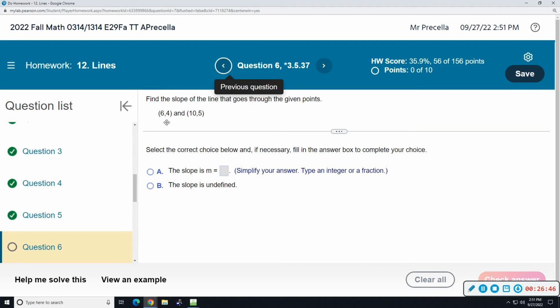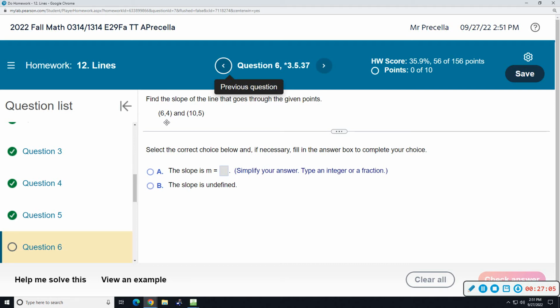I like to go ahead and label them: first x, first y, second x, second y. I did that with the distance and midpoint. Okay, I'm going to go ahead and write down the slope formula.